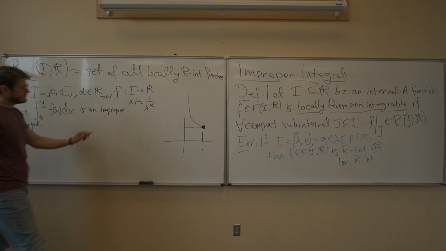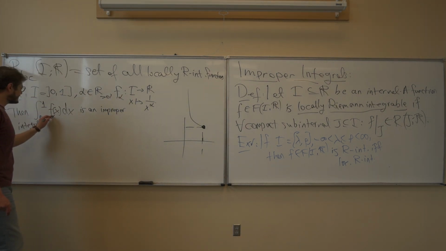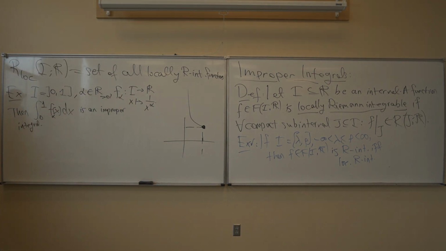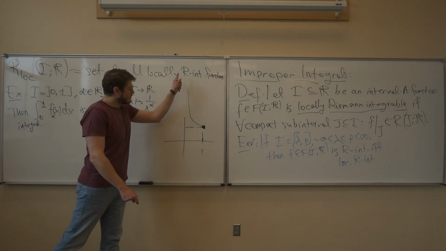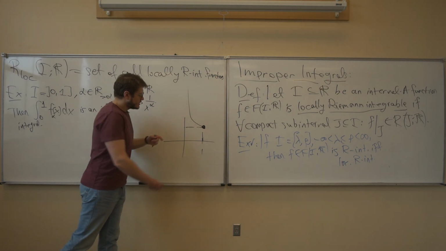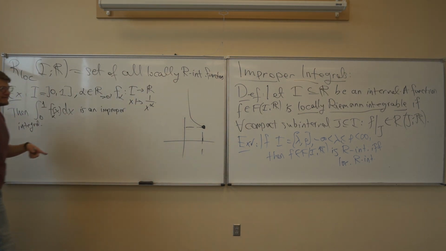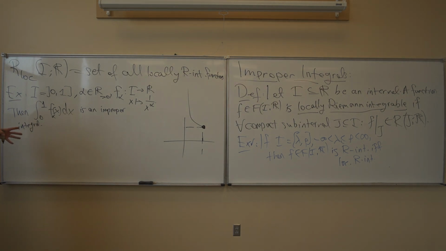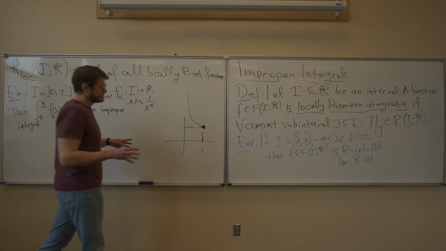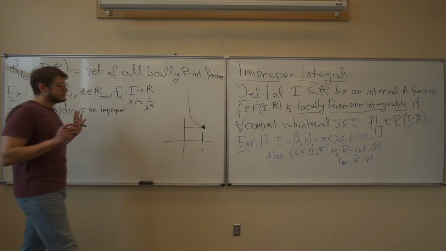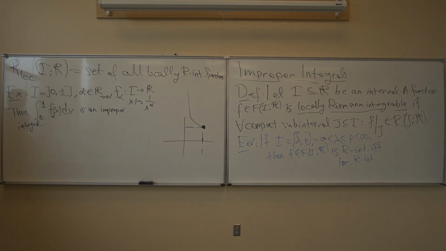Maybe I should say f sub alpha to represent the dependency on the parameter. Okay, and so what is the problem here? The problem is the asymptote at 0. If I had tried to integrate f over, let's say, epsilon to 1, that would make sense because f is continuous. It's a perfectly well-defined function. It's bounded, and I can integrate. And then, if possible, maybe I can take epsilon to 0 to make sense of this improper integral.